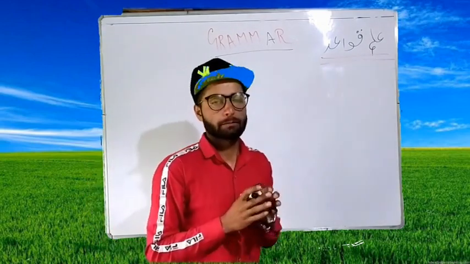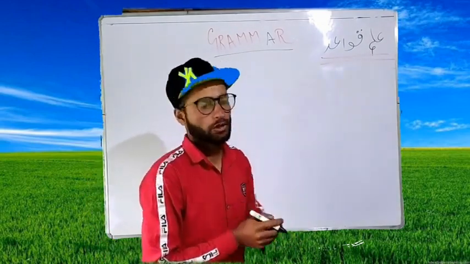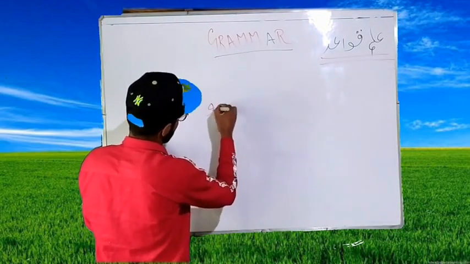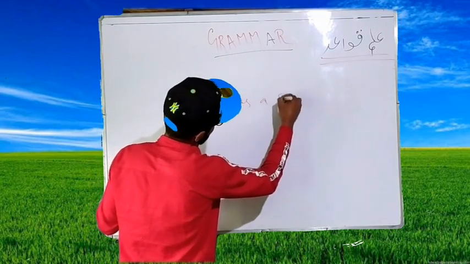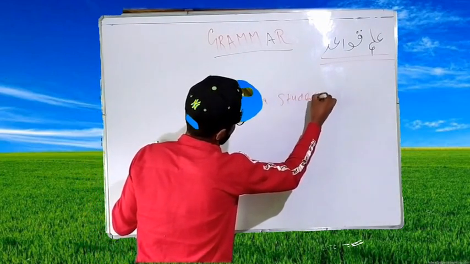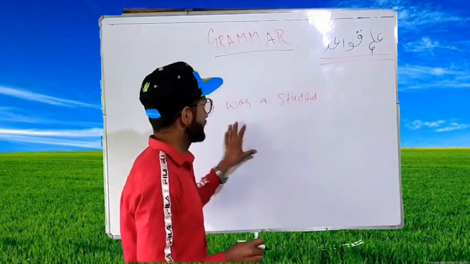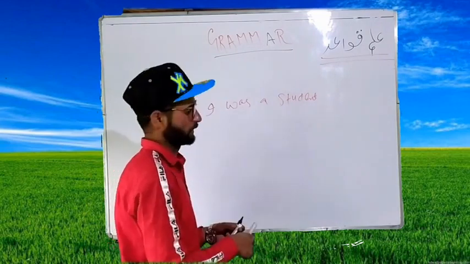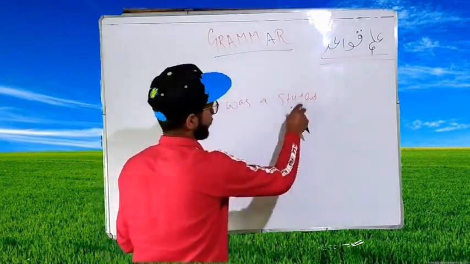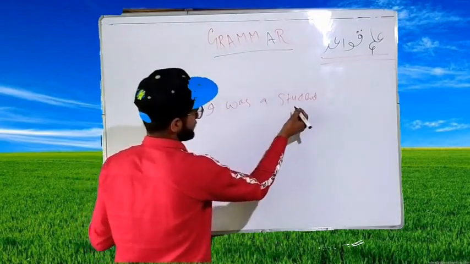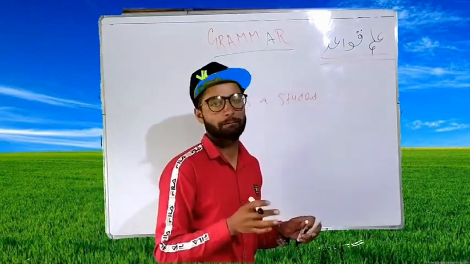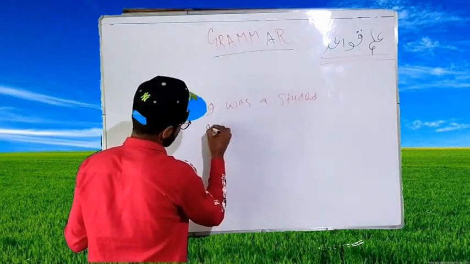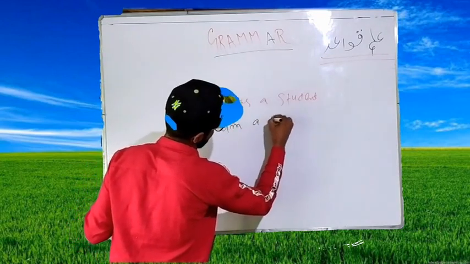अगर मुझे कहना हो कि मैं एक स्टूडेंट हूं, तो अगर मैं यहां लिखूंगा I was a student. गाइस, मुझे लिखना है कि मैं एक स्टूडेंट हूं. तो मैंने क्या लिखा है, I was a student. गाइस, ये टोटली रॉन्ग है. तो इसका मतलब है मैं एक स्टूडेंट था. तो मुझे क्या लिखना चाहिए, I am a student.